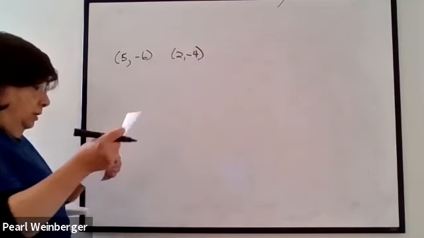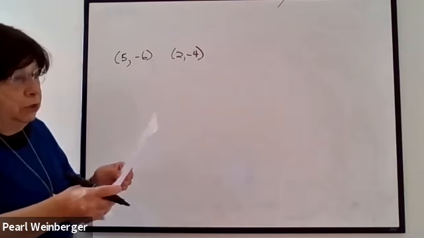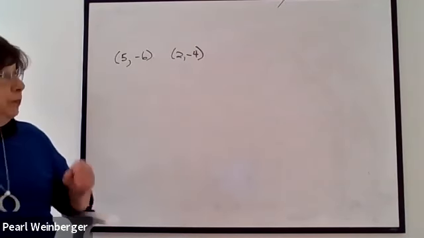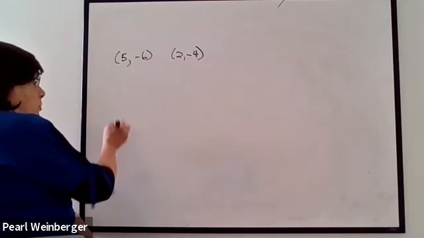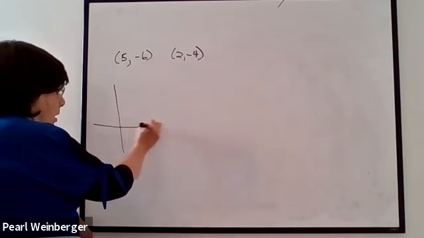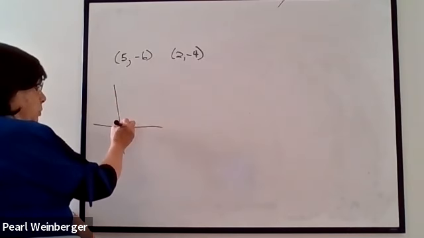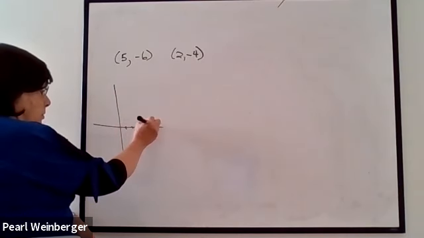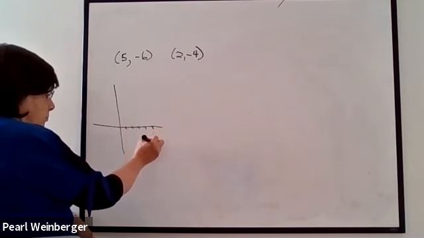Now, it's question number 11 on this practice sheet. If I were to have drawn this, this is what it would look like. 5, -6 would be 5 to the right, 6 down.